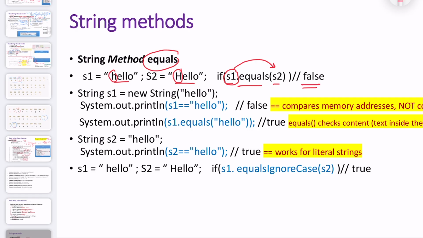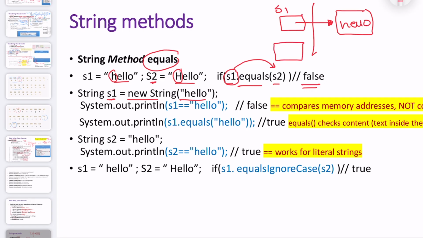If S1 is now new String("hello"), S1 will be defined in the stack and it will refer to a place in the memory that has the word hello. And S2 is in the stack and S2 is capital Hello. But let's see, I'm asking S1 == hello.